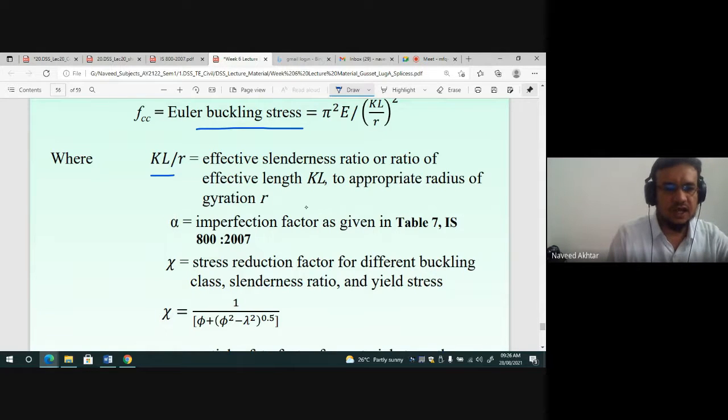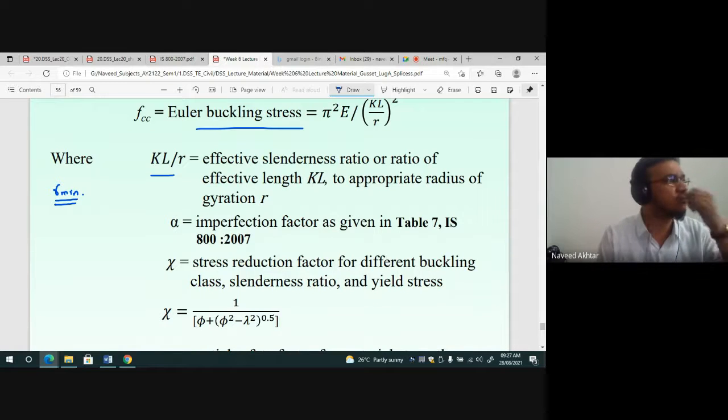Generally, for the appropriate radius of gyration we take the minimum radius of gyration, r minimum, which gives the maximum slenderness ratio, and the maximum slenderness ratio is responsible for buckling. An intermediate column may fail by crushing or by buckling.